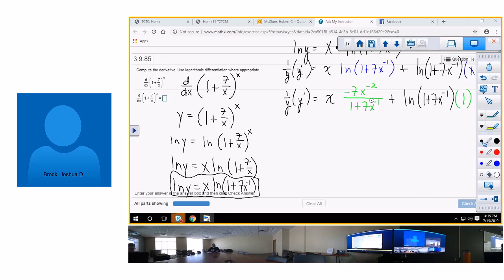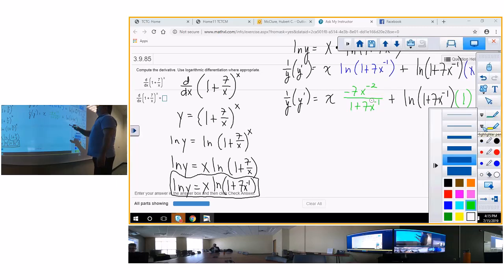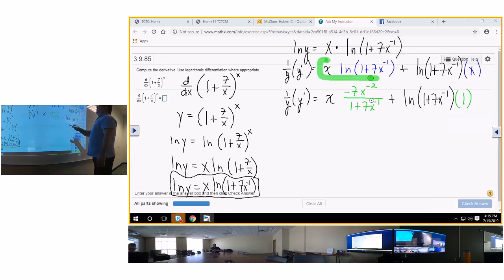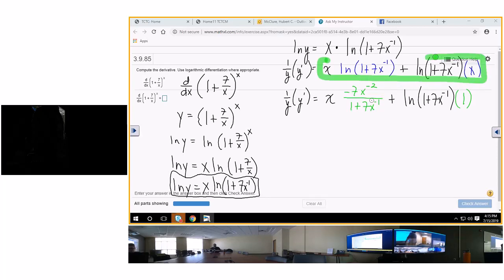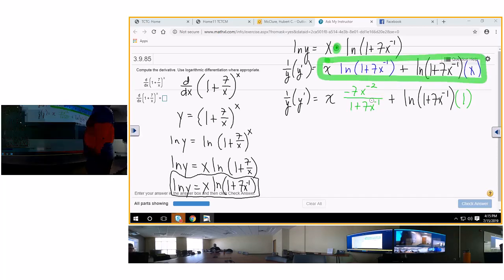Where does that come from? When you do that line that says x natural log of 1 plus 7x to the negative 1, okay, this right here is the product rule.